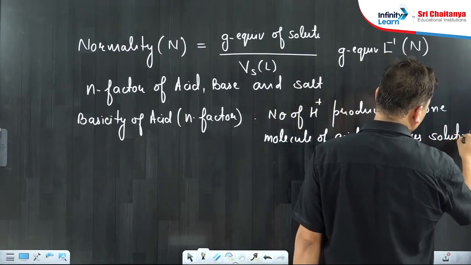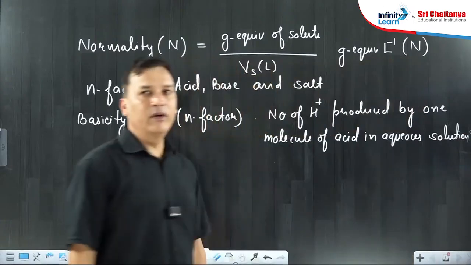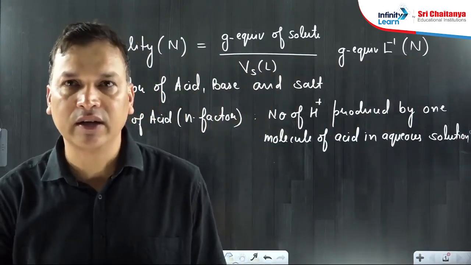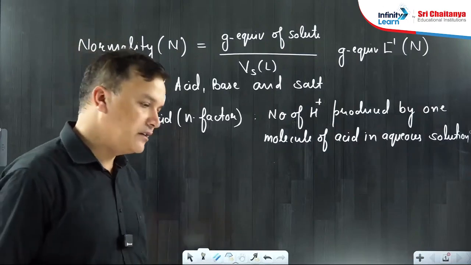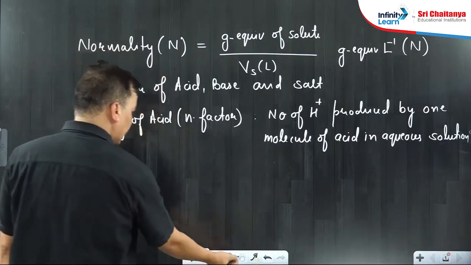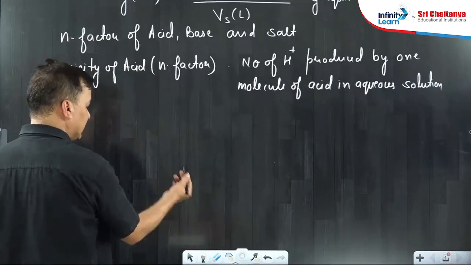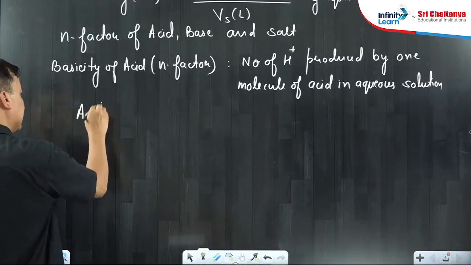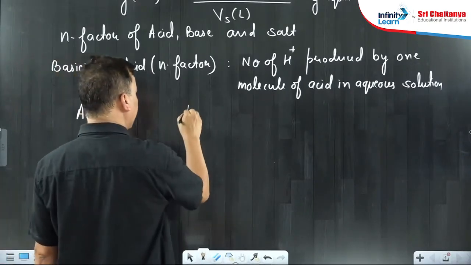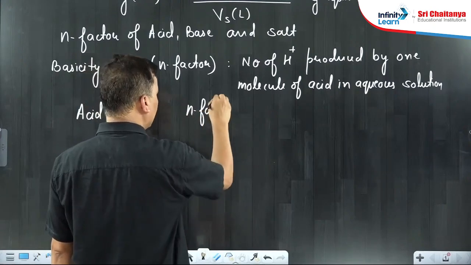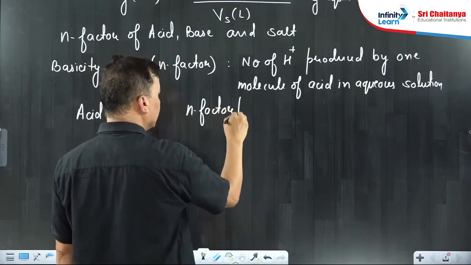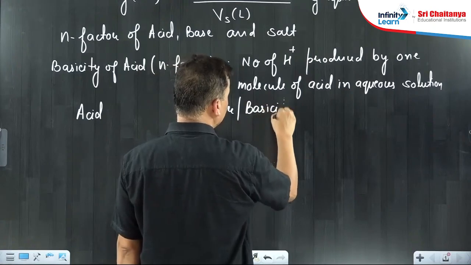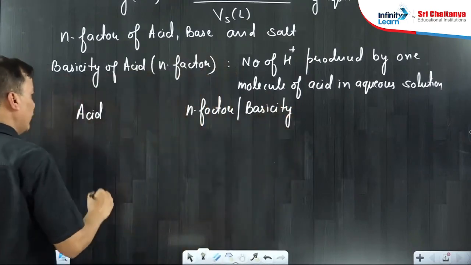What I told you is, one molecule of acid, how many H positive it can furnish, that is called its N factor. So dear, here I am writing some of the acids and their respective N factor, or for acid, you can say basicity.